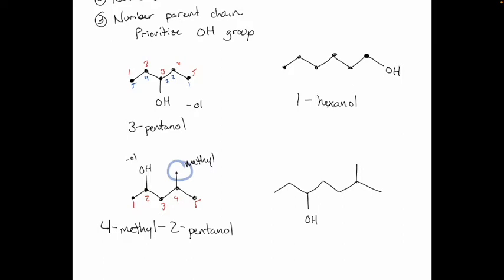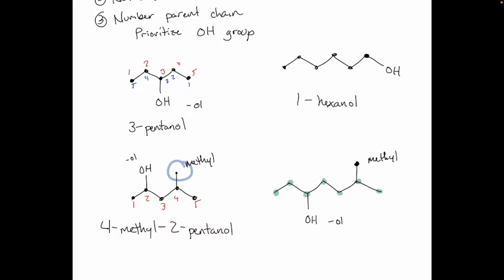All right, so how many carbons are in my parent chain? 7, right? So it's going to be a heptanol. 1, 2, 3, 4, 5, 6, 7. I got to name my 2 substituents. Again, this is that alcohol group, so it's going to get that -ol suffix. And I still got to make sure to account for this carbon over here, which will be a methyl group.